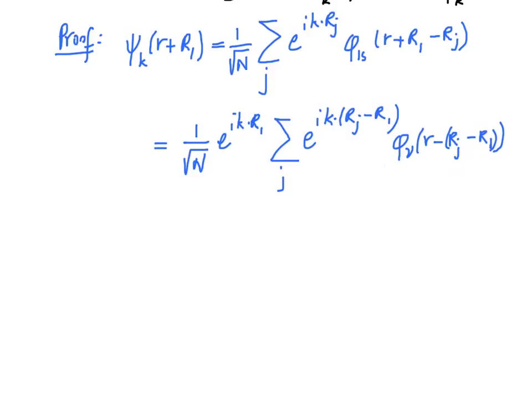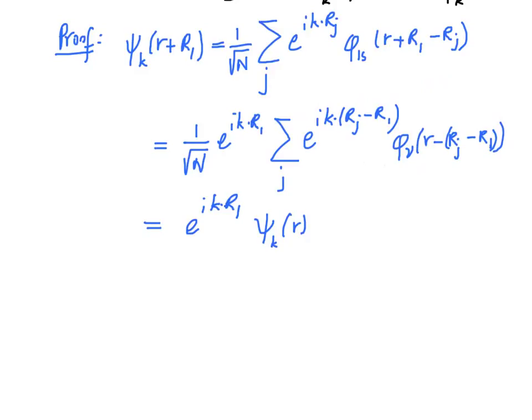Why did we do that? The reason we did that is simply because now we can write down 1 over square root of N times this entire summation as psi k of R. That's exactly what it is. And why does that work out?